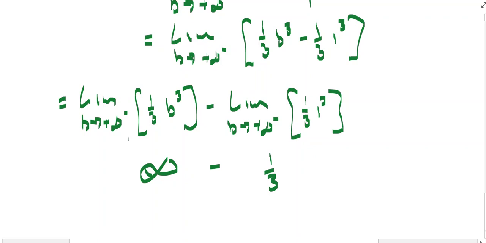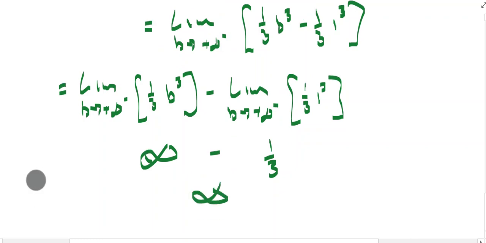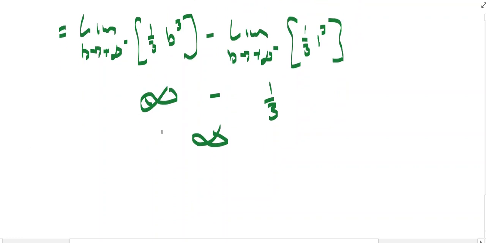This limit is approaching infinity. This limit is approaching 1/3. We have infinity minus 1/3. If you have something that is infinite and you subtract a third from it, you still have infinity. So the answer here is that this integral is equal to infinity.